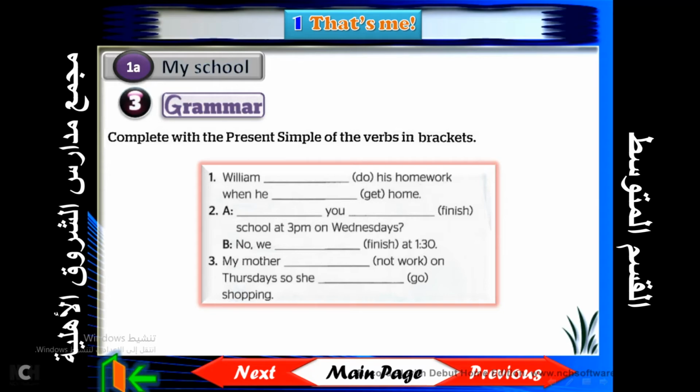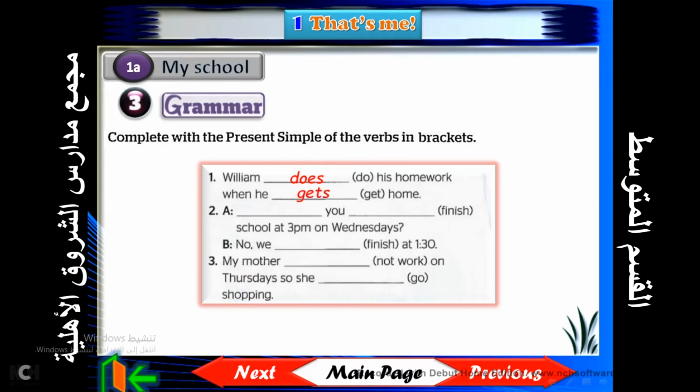We should add es. Okay. William does his homework. When he gets home, he is a singular pronoun. We should add s to the verb get. When he gets home.